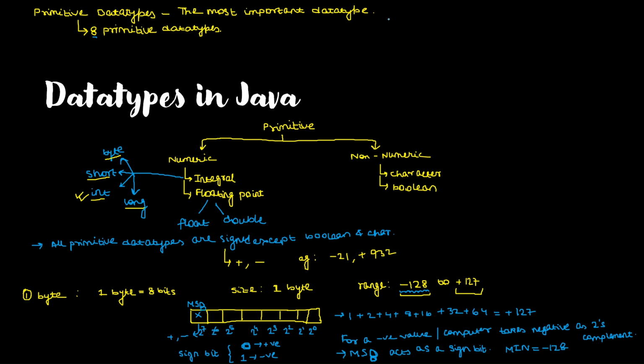Also, one more thing that I would like to mention, all data types throw this error, which is possible loss of precision. When does this happen?